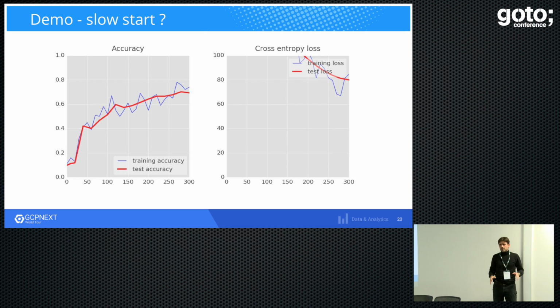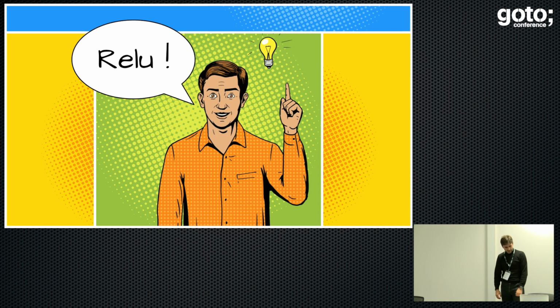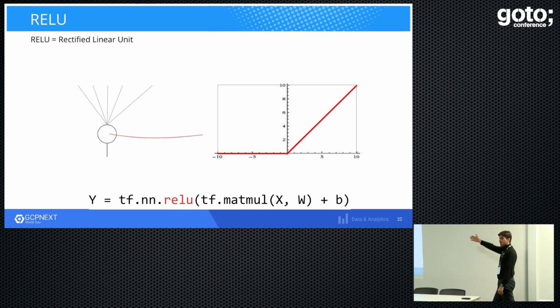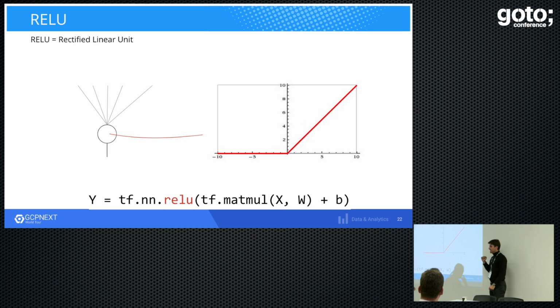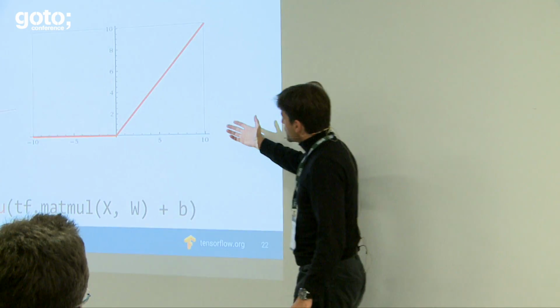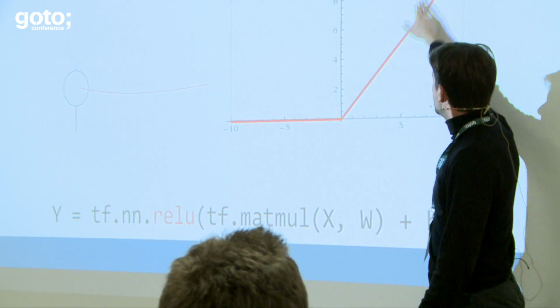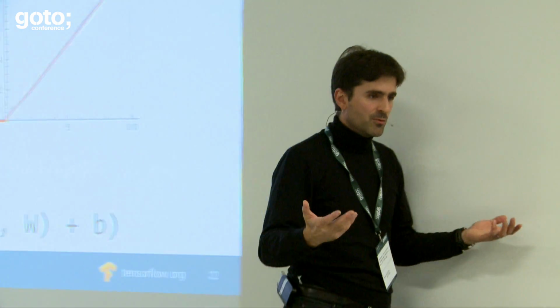But as we go deep, it's not good. And people invented a new one called the ReLU, which is actually super simple. That's ReLU. Can you hear me in the back? Yes, you can. So this activation function is simply 0 for all negative values and identity for all positive values. How much simpler could it be?